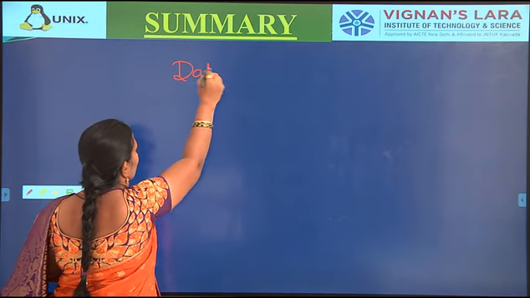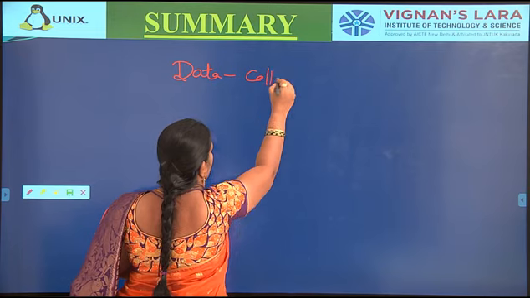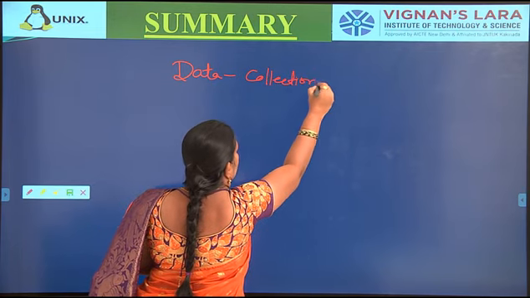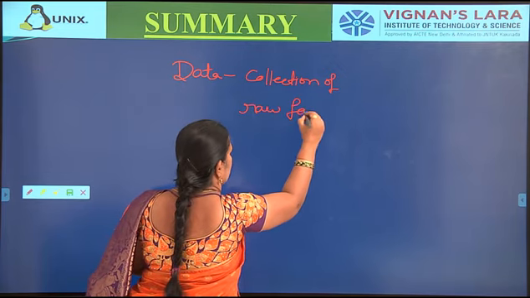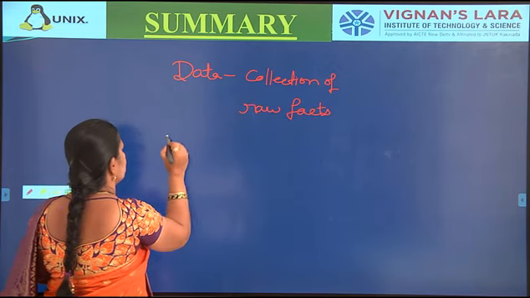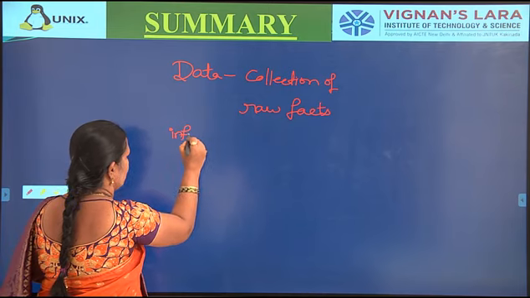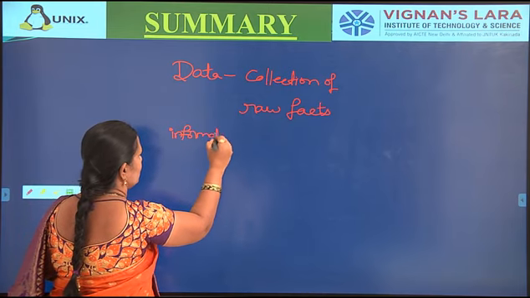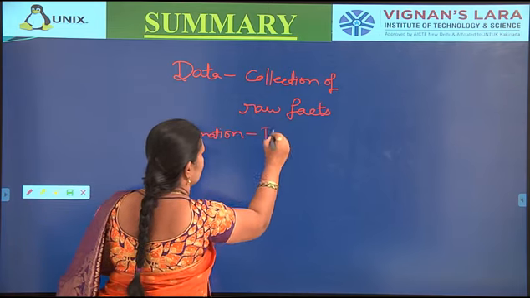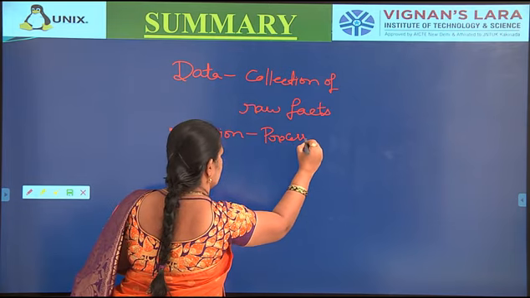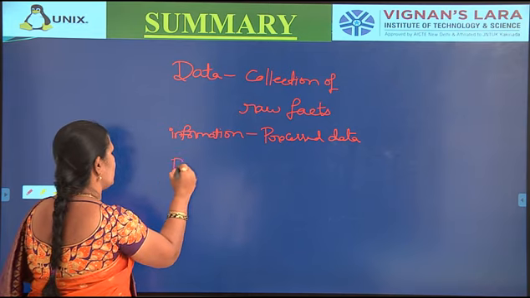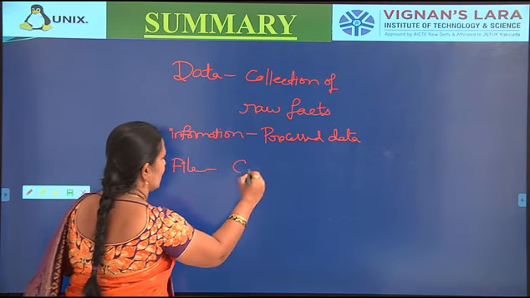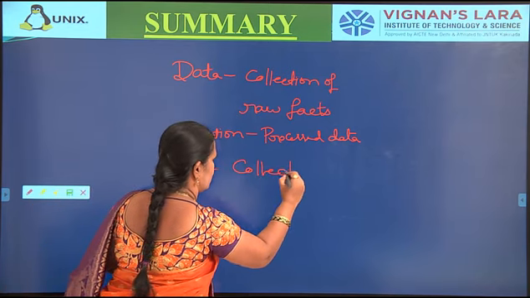Data is nothing but a collection of raw facts. Next, we have to consider information. What do you mean by information? Information is nothing but processed data. Next, what do you mean by file? A file is nothing but a collection of information.